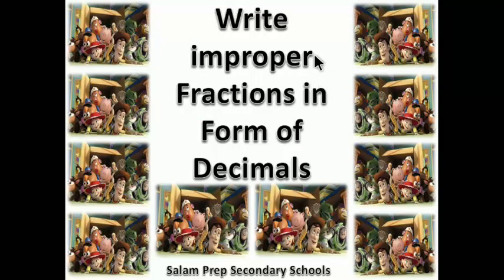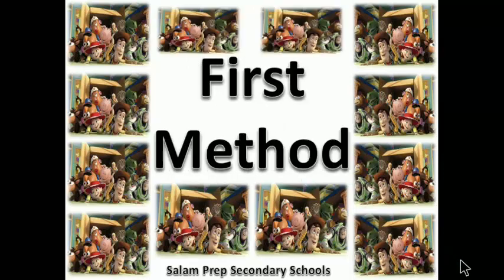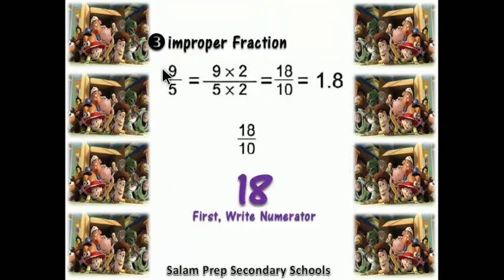Now, learn how to write improper fractions in the form of decimals. There are two methods. First method: 9/5.